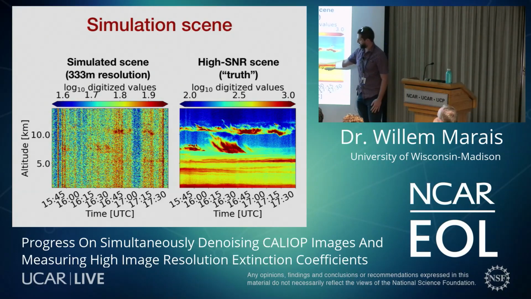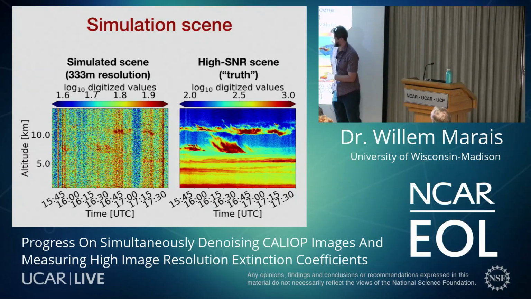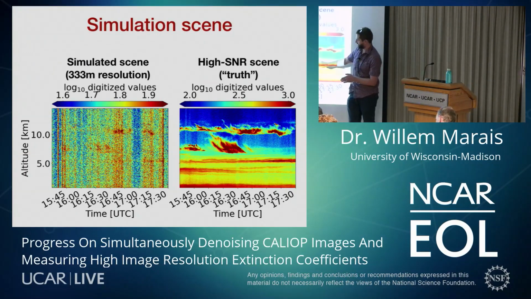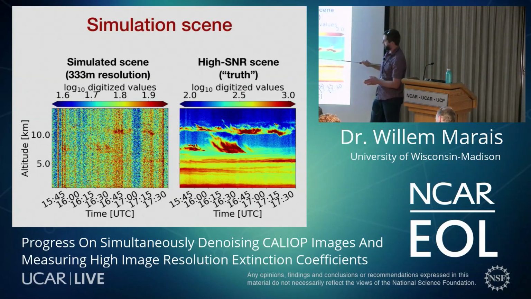Here's a simulated scene where the horizontal resolution is similar to what a space-based lidar instrument like CALIOP will see. And you can see all these vertical stripes, which is the solar background radiation, and there's a little bit of a cirrus cloud sticking out, and a little bit of an aerosol layer sticking out. And this is the high SNR image from which we made the simulation.